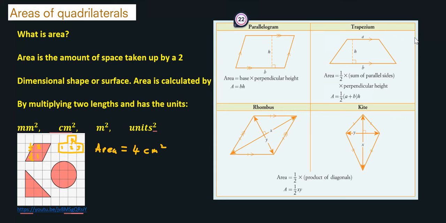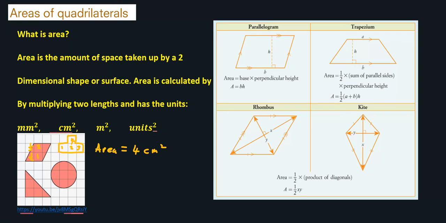So this requires us to use some area formulas, and there's some really important area formulas on the right hand side. So we've got a parallelogram which has 2 pairs of parallel sides and 2 pairs of equal sides.